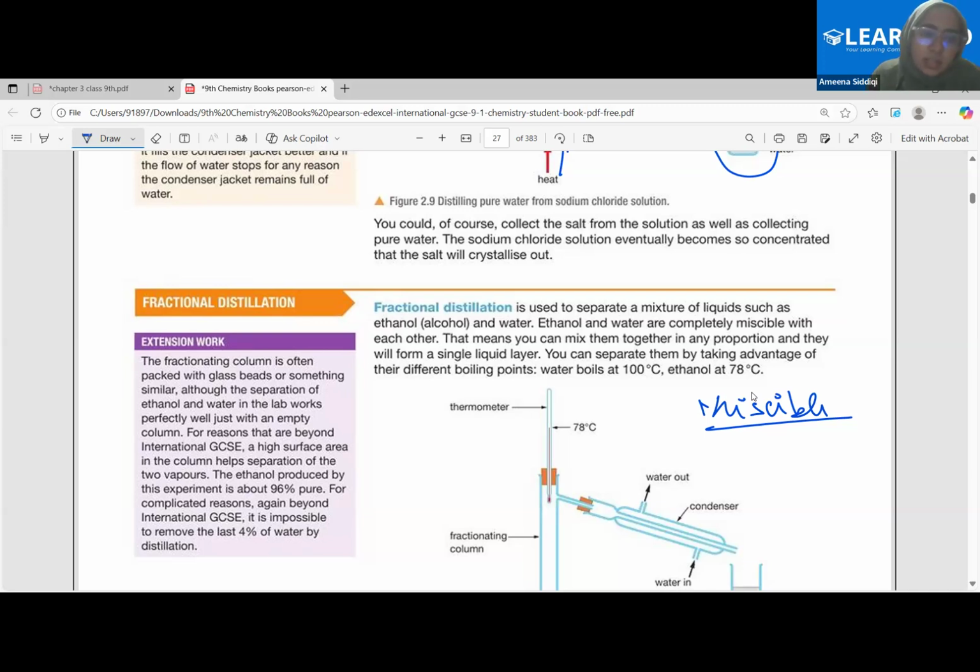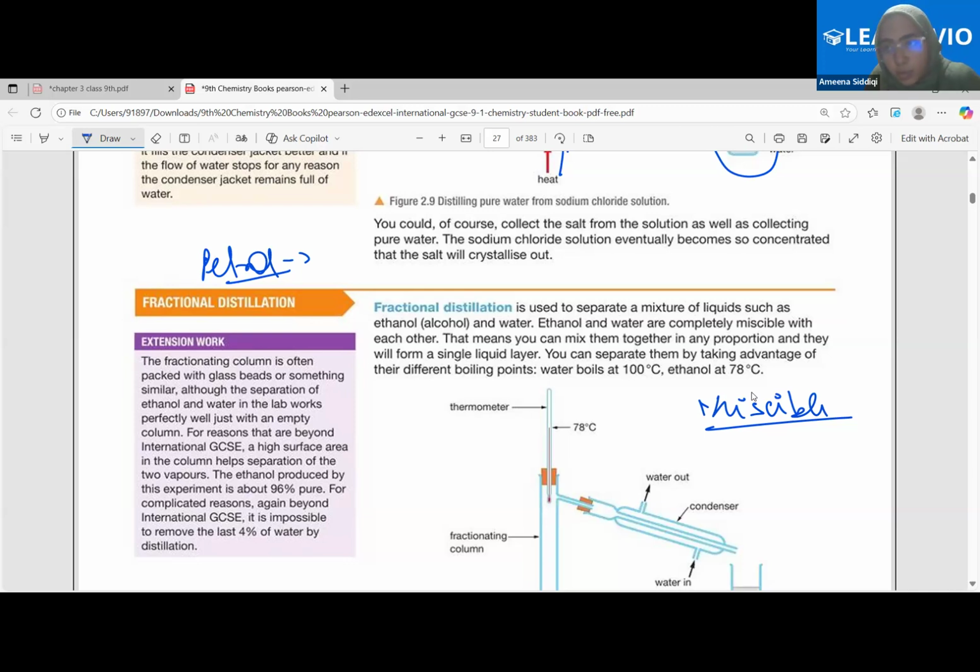Whereas if you must have seen the petrol, I mean not seen but at least read about it, the black liquid that we get. I've written the wrong thing here. Petroleum is the one which we get. It is a miscible liquid having many different organic compounds.